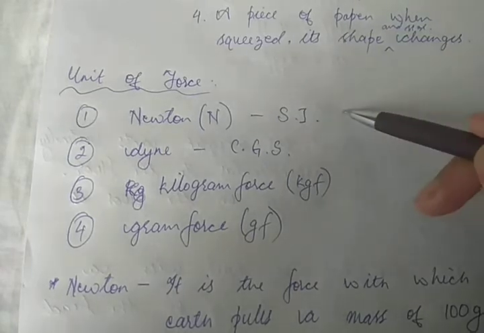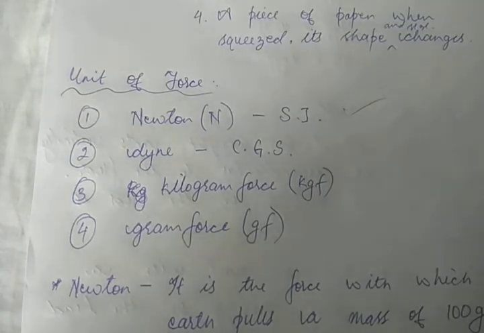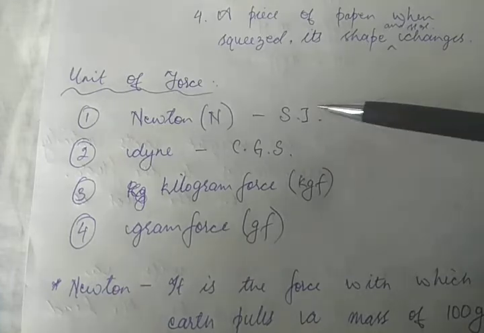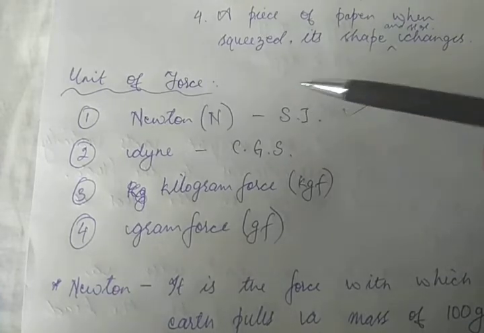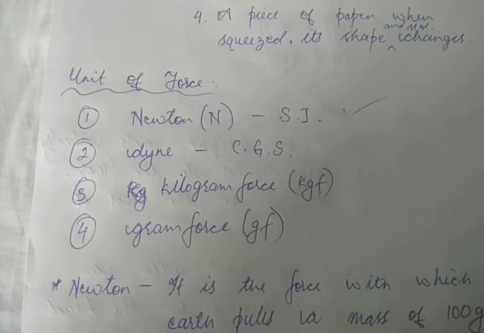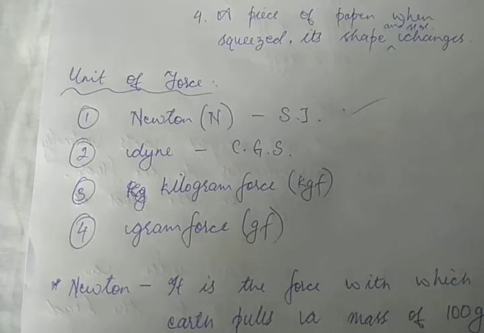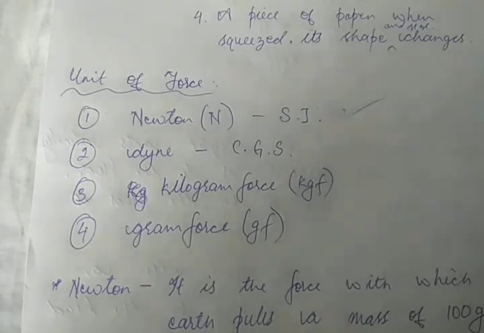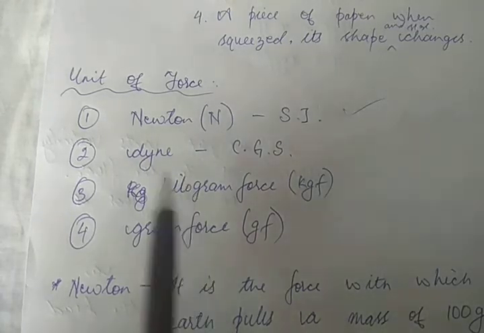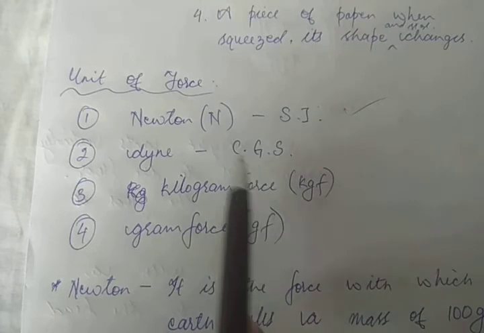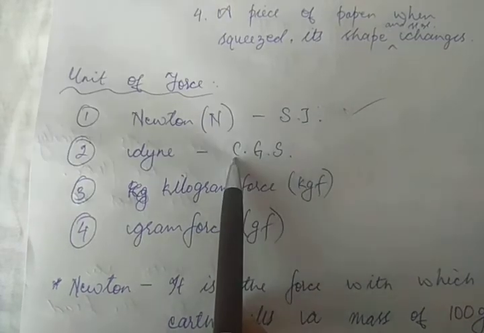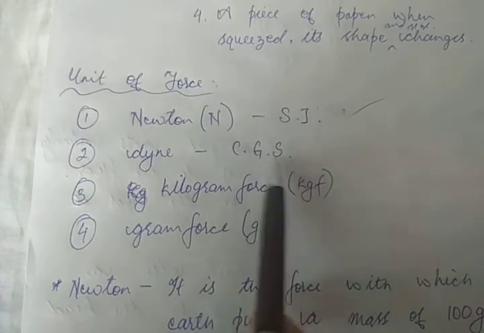This is the most important unit which is used to measure force, and this also happens to be the System International Unit of Force, SI unit of force. Some people also call it Standard International Unit, but actually the full form is System International Unit. Dyne is the CGS unit of force. What does CGS stand for? Centimeter, gram, second.